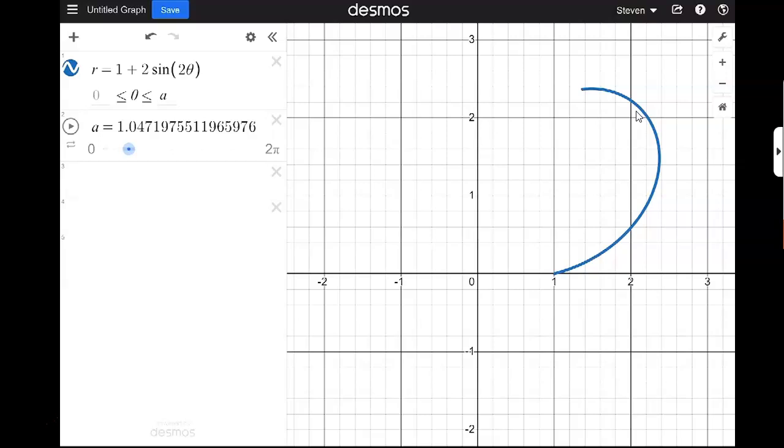So we're looking at right here, at this point here, and that has a slope of 1. And, okay, so that's what it is. And a slope of 1 as we're passing that point there.